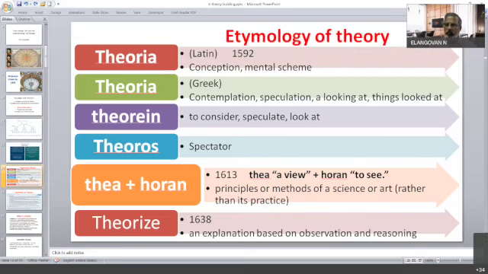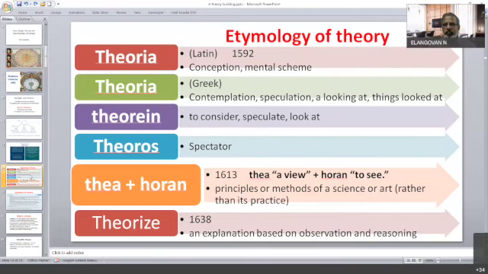This is a pot. This is a boat. This is a tree. That comes out of the knowledge or the theory that we have, about how a tree looks and what a tree is. Those theories help us to see the world. That's why Theoros was a spectator.